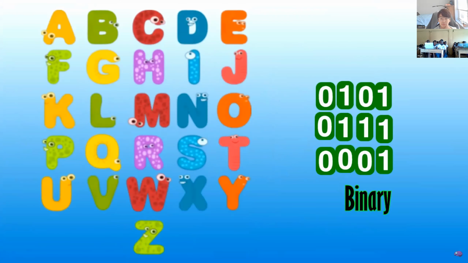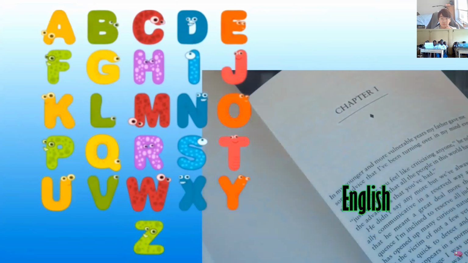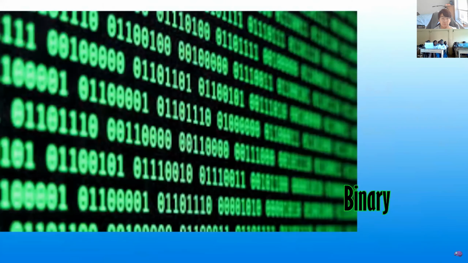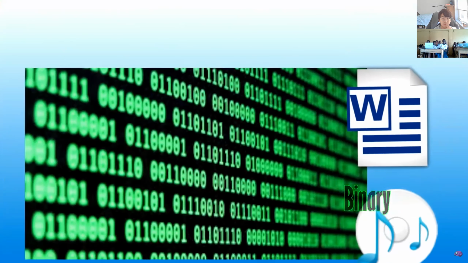Think of 1 and 0 as the alphabet of a computer. If you look at the alphabet of the English language, there's only 26 letters, and by themselves, they're meaningless. But when you combine them in different ways, you get The Great Gatsby or Romeo and Juliet. In the same way, billions of different combinations of 1s and 0s have the potential to give us Microsoft Word or iTunes. And the process goes like this.